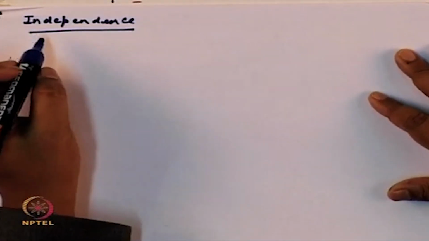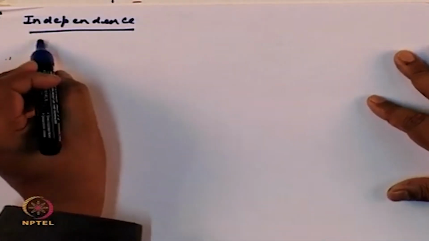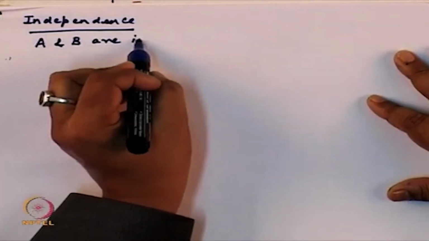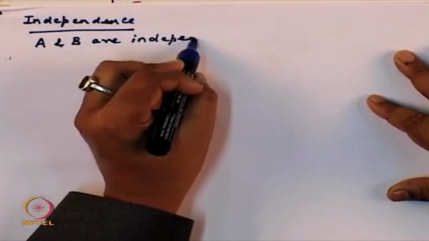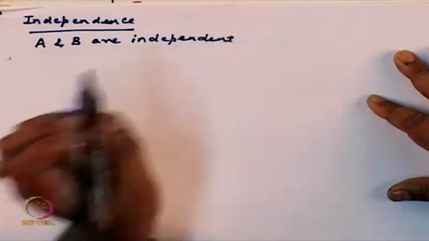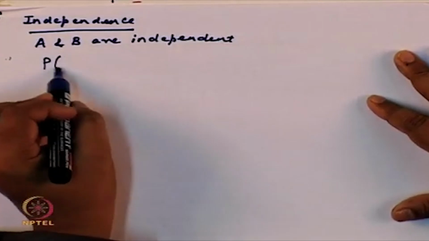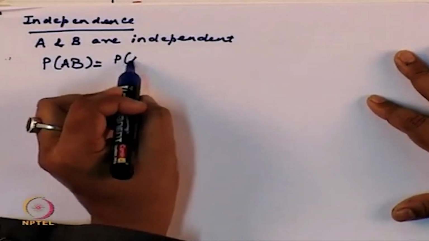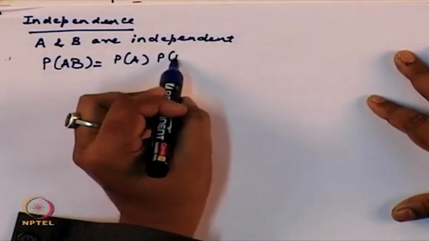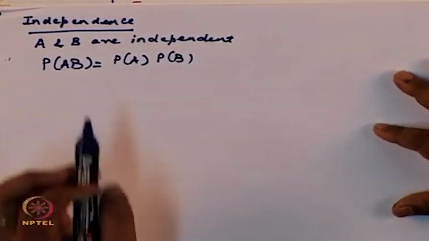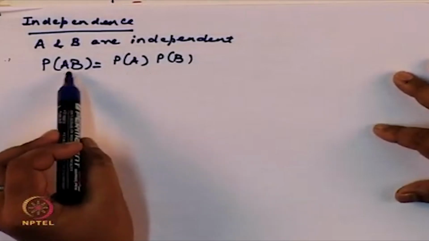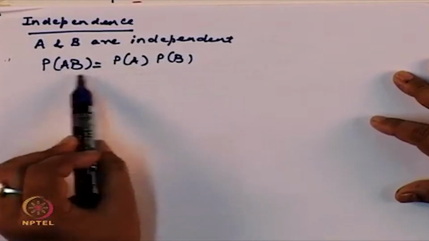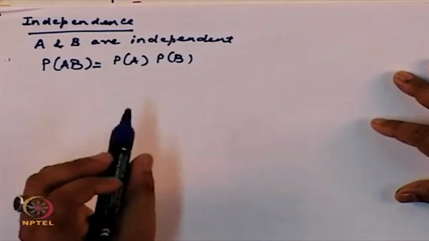When two events A and B are independent, I can write probability of AB is equal to probability of A into probability of B. Because there is no dependence of A on B and vice versa, you can separate it out into two individual probabilities.